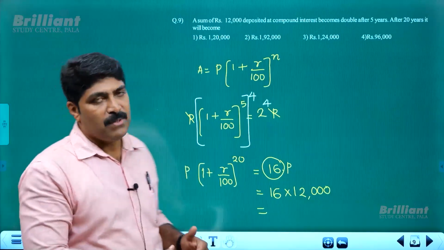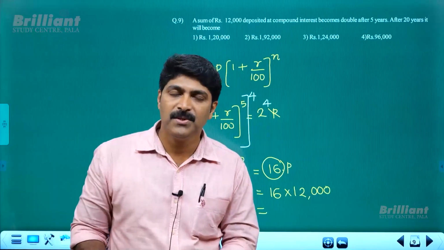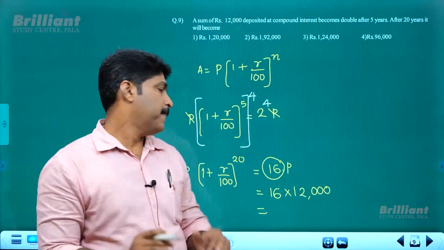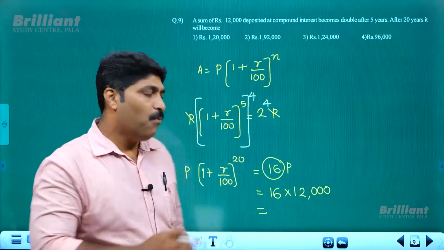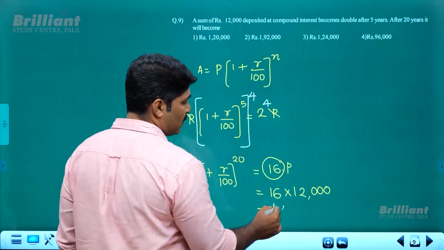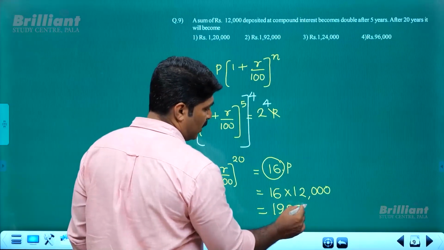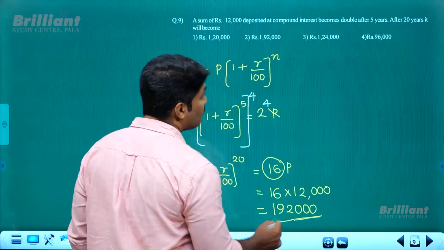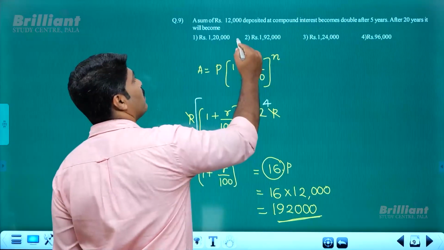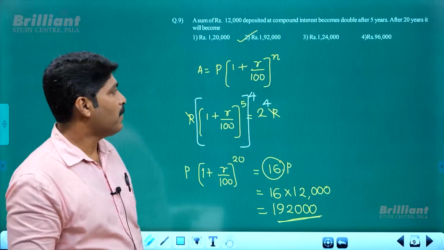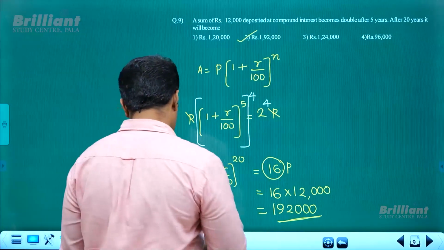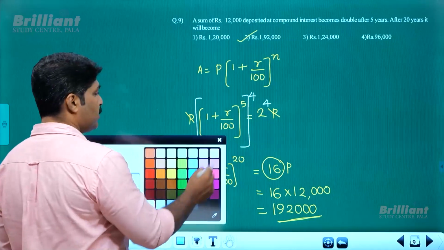What is 10 times 16? That is 160. What is 2 times 16? That is 32. 160 plus 32 is 192. Put 3 zeros here. So this is the required amount. Got it? So this is a tricky approach towards this type of question. Here we can generalize the concept, and also understand that relationship properly.